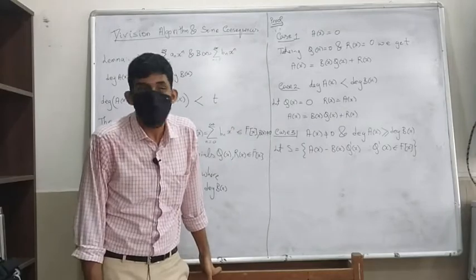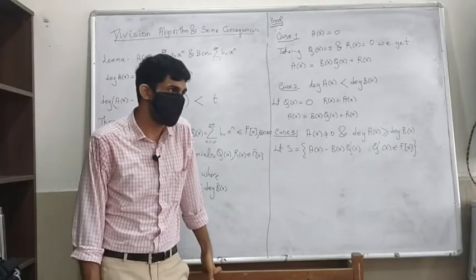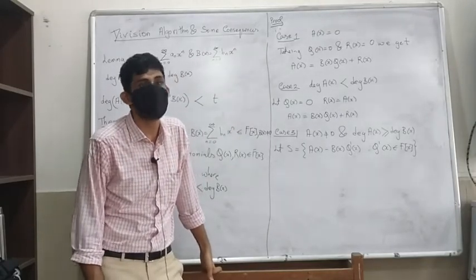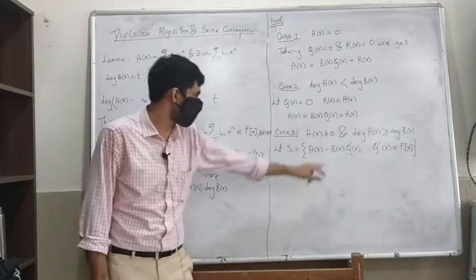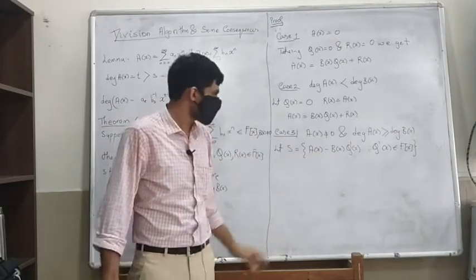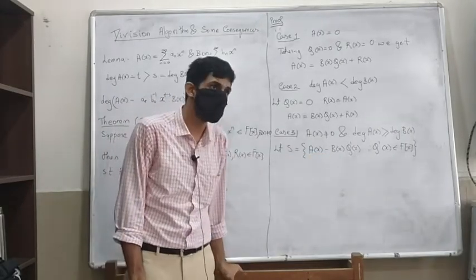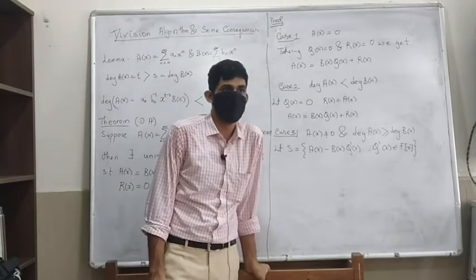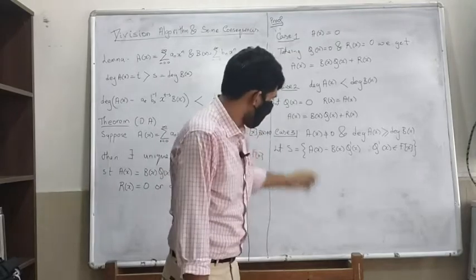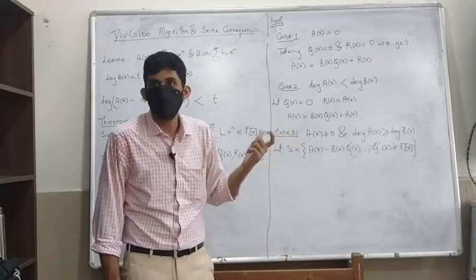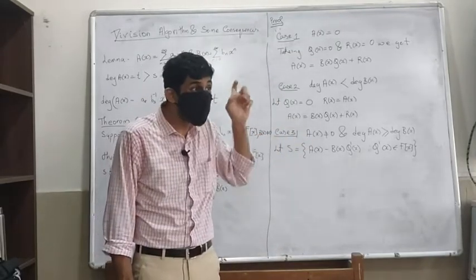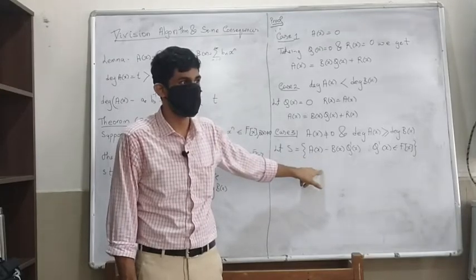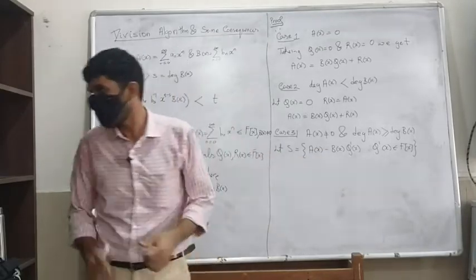We know that set is non-empty, a non-empty subset of natural numbers, because 0 does not appear here. Hence by the well ordering principle it will have a least element. Take a polynomial with that least degree, that is the natural choice for the remainder.